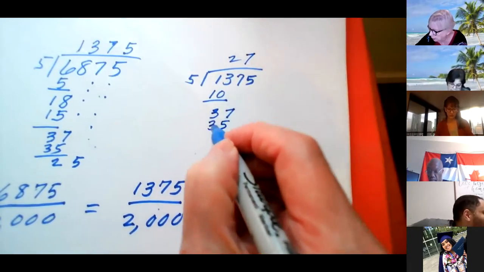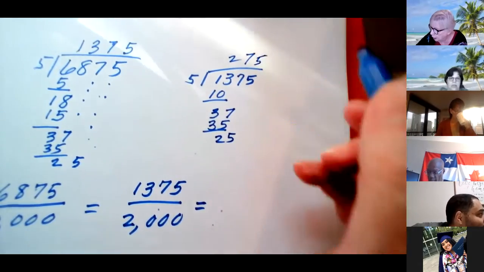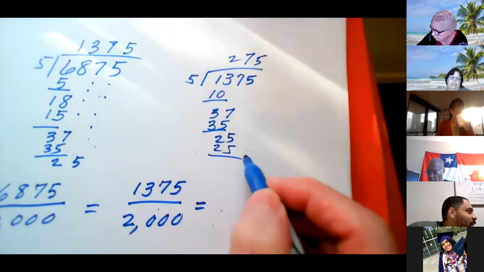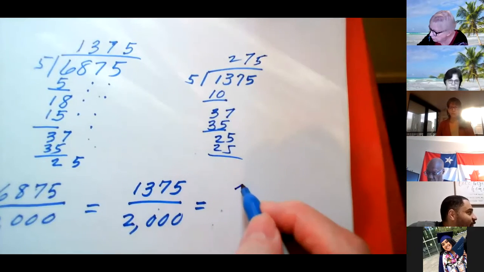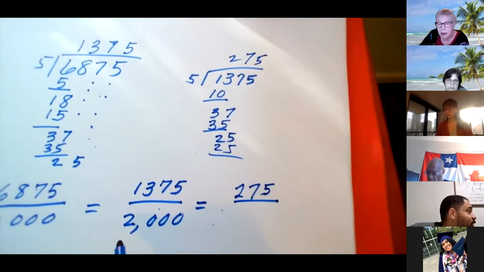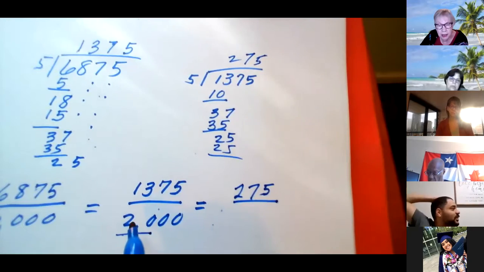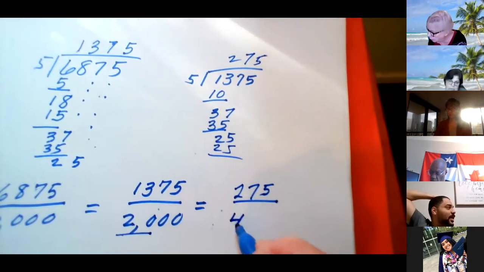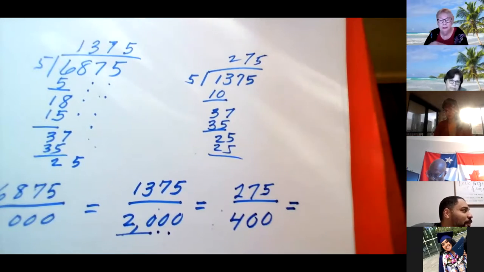You know what I'm doing here. And then finally, 5 into 25 is 5. So 5 into this number is 275. 5 into this number, I can again do it in my head. 5 into 20 is 4 with 2 zeros. And you just keep going.